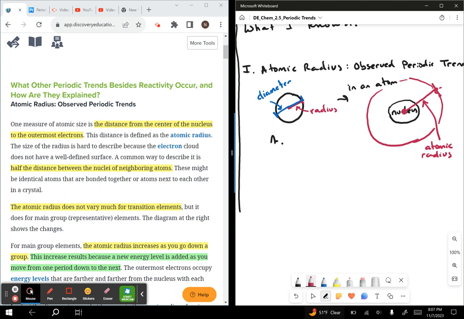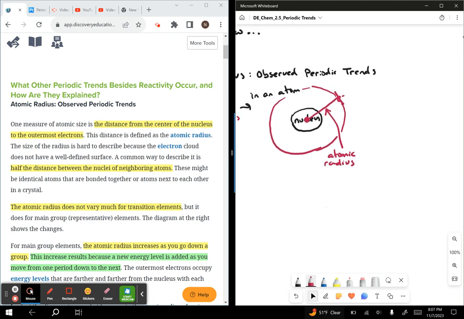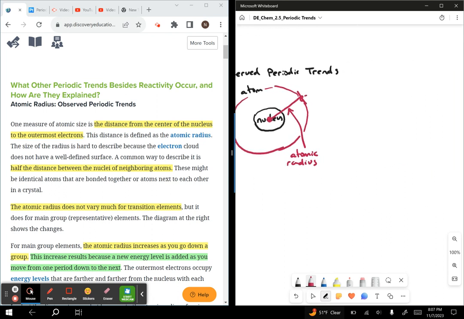So if you have an atom and here's your other atom, you take the distance from the center of the nuclei and divide that by 2.